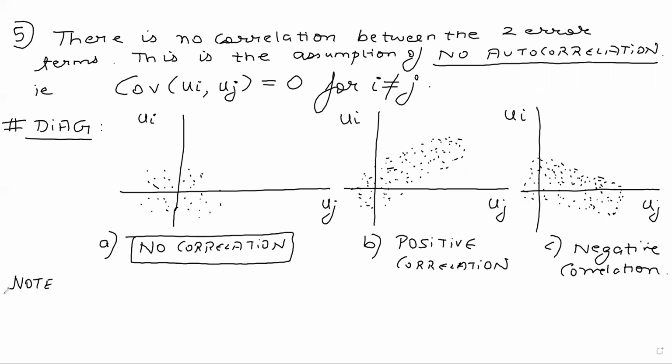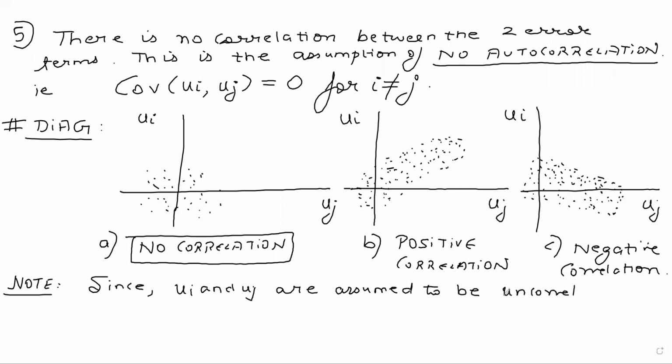Then we can write a note. A very important point to understand here is, since ui and uj are assumed to be uncorrelated, what does it mean?